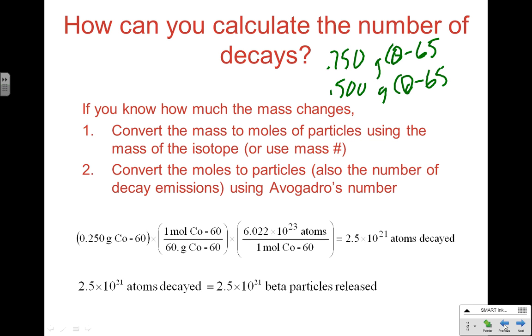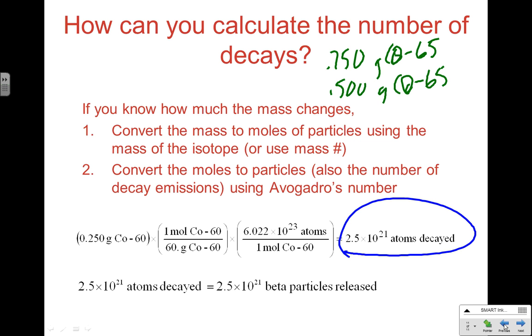And that's the algebra you're seeing here. So if you want to know, based on a mass change, how many particles decayed, or how many alpha particles were created, or whatever, realize for every atom that decays, you get one alpha emission or one beta emission. So if we can determine how many atoms decayed, then we would know how many beta particles or alpha particles were released, depending on the type of emission.